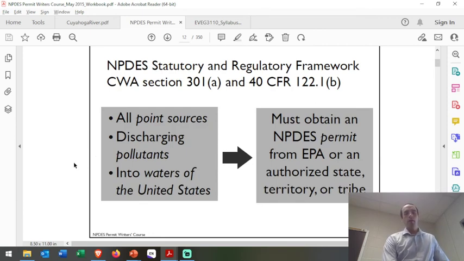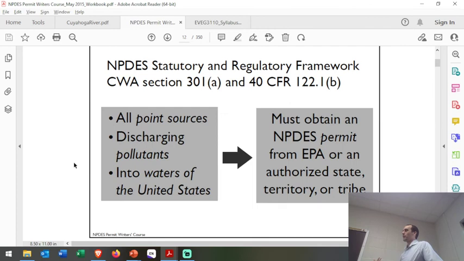So just a little bit, and I know we're about to end here, about the permitting framework. The NPDES system has jurisdiction over all point discharges anytime people are discharging pollutants into waters of the U.S. So waters of the U.S. is not just interstate waters, that's any body of water or any wetland that's next to a body of water counts as that body of water.